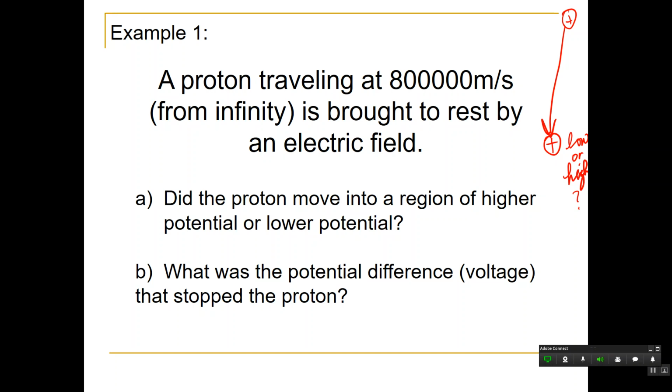Okay, how did you determine that? But if there was a negative charge here, which is what you're saying by telling me that it's low potential, would it stop at all?